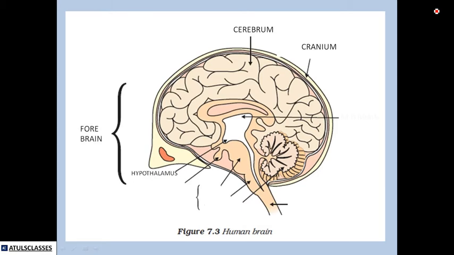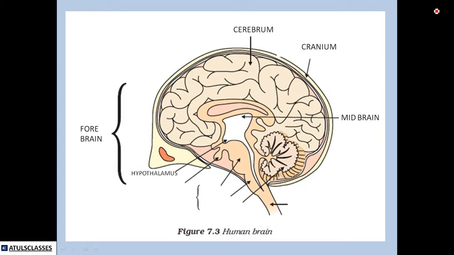The cerebrum, hypothalamus and thalamus make the forebrain.